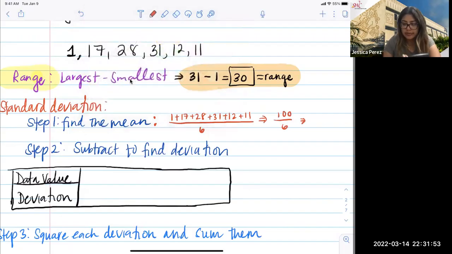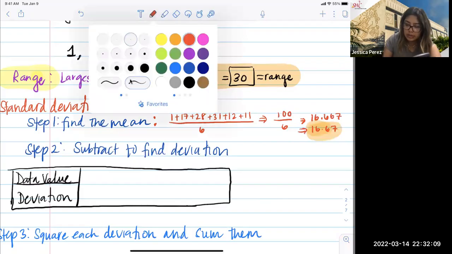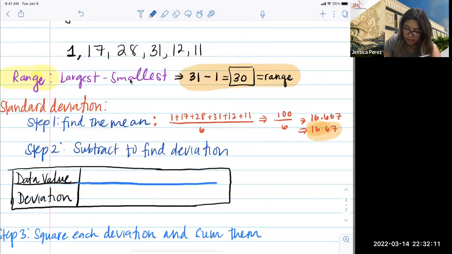If I get 100 divided by 6, I get roughly 16.667. So I'm going to round that to 16.67. So this is my mean. It's okay if it's not a pretty number. Then your data values are the ones that are given: 1, 17, 28, 31, 12.